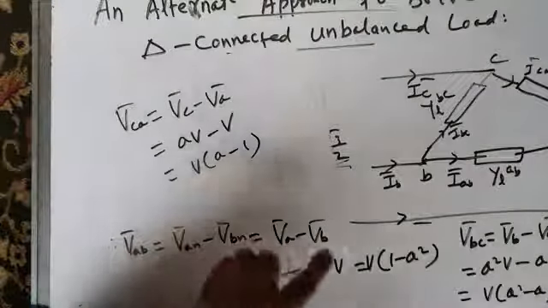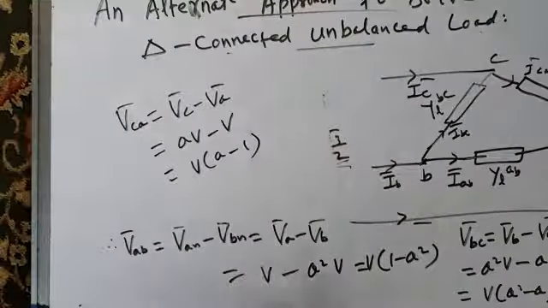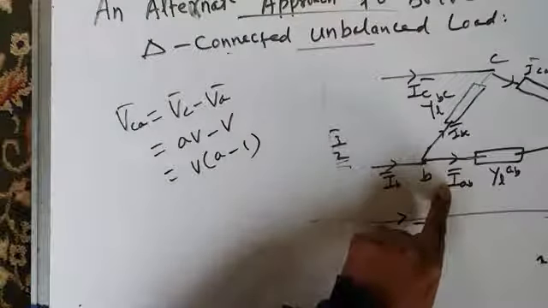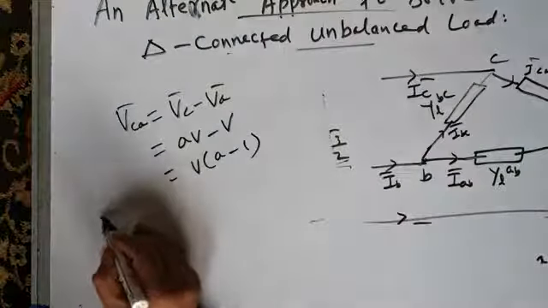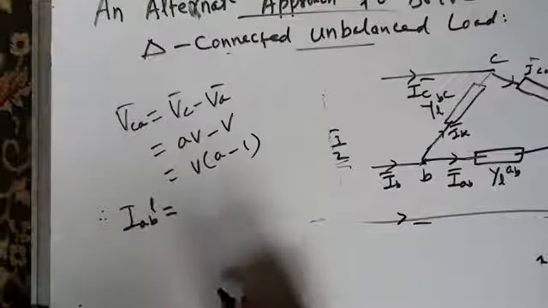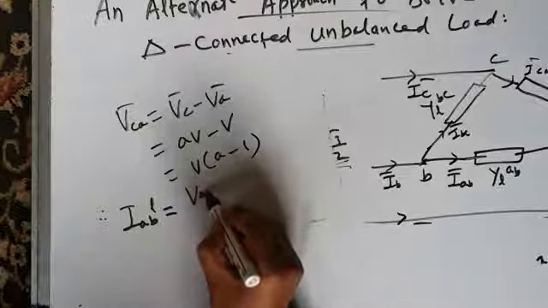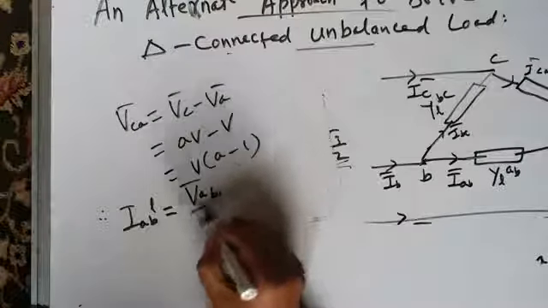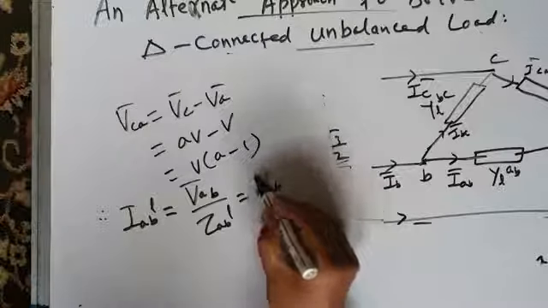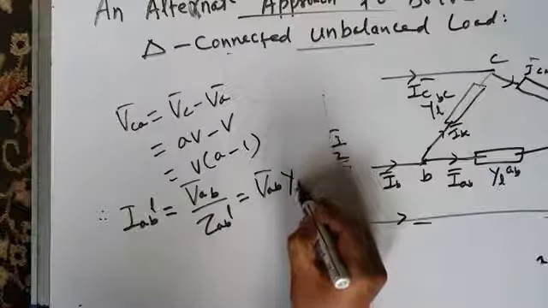Once you know these line voltages VAB, VBC, VCA, you can now find these internal currents. For example, you can find this IAB. What is this IAB? It is equal to VAB into ZABL, that is equal to VAB into YLAB.